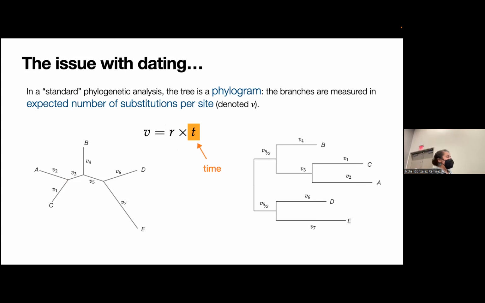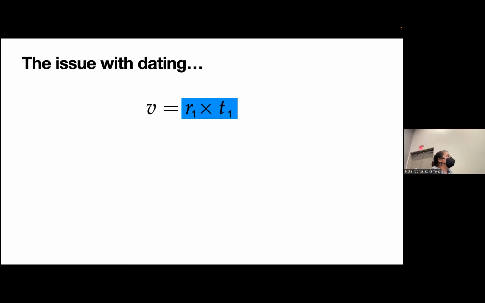And when I'm dating a phylogeny, what I really want to know, let's keep working on this problem, is that for a given branch, whichever branch, I can find a value of rate and time that make that value true.